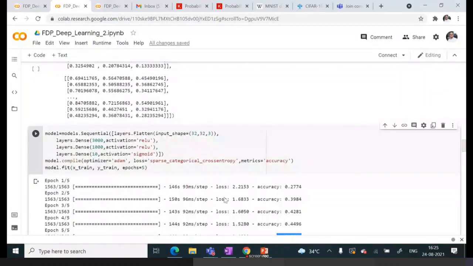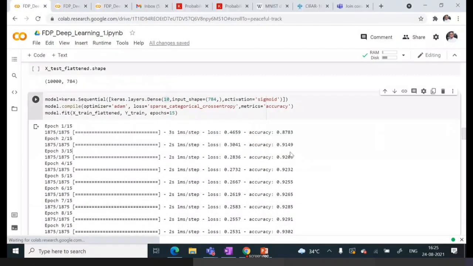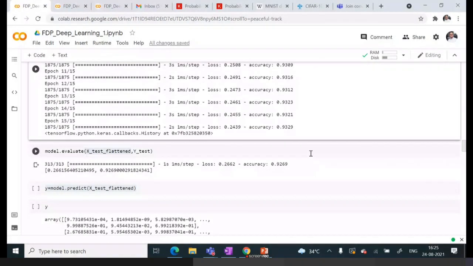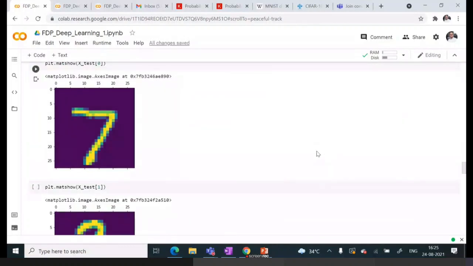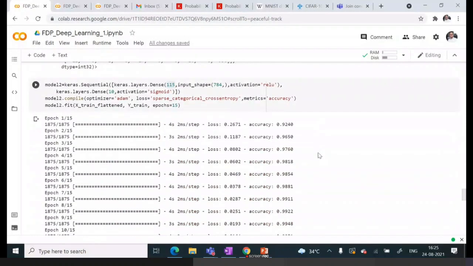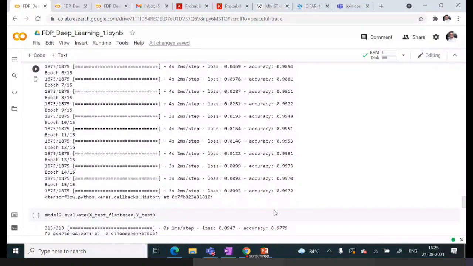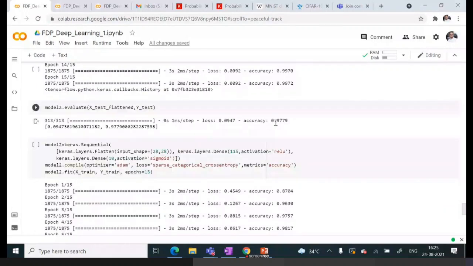Fine. So far, we have seen a simple version of an artificial neural network, and we have seen that for some cases like black and white images, it's working nicely. By adding a hidden layer, we were able to produce good results in terms of accuracy. You can see we got 97% accuracy.